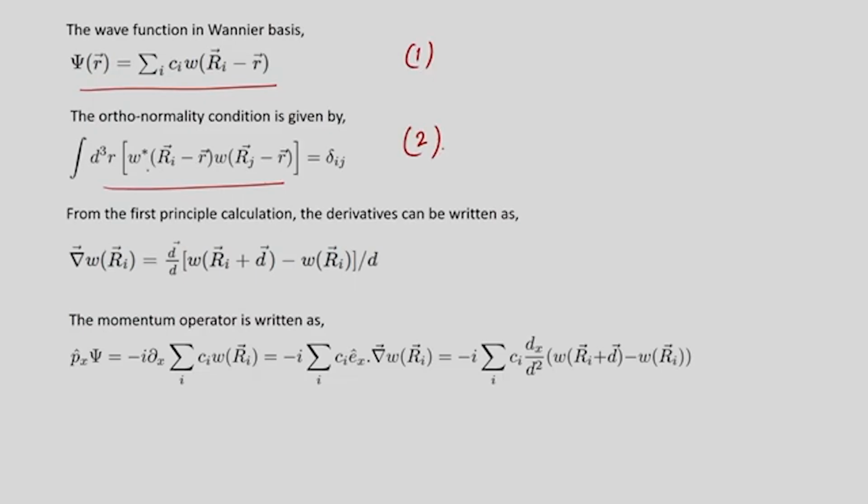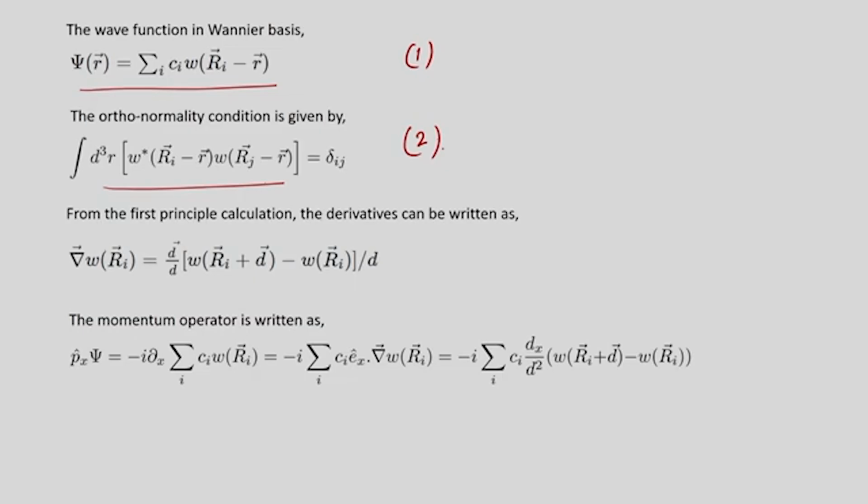So it is clear that the integral of W star (R_i minus R) and W (R_j minus R), where i and j are different sites, will be equal to 0, and if i and j are the same, then that will lead to the normalization of the Wannier functions.